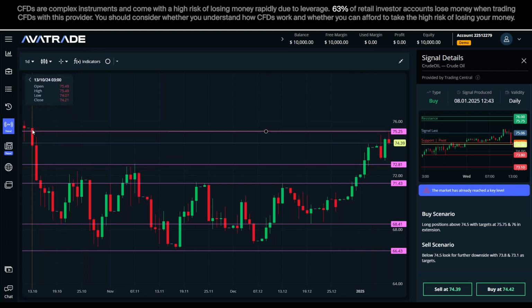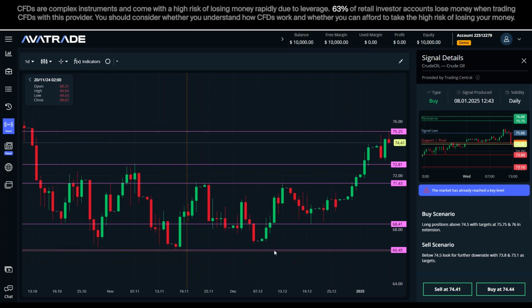As we acknowledge this level here, if it passes it, it could be a result of something fundamental, right? Of course, if we look at the trend here, it also can be a result of something fundamental. And the support works the same way.